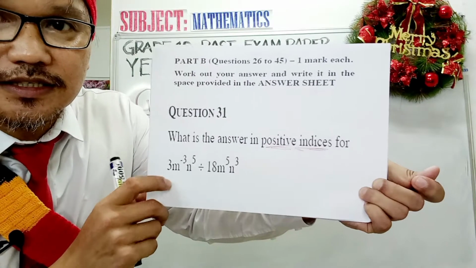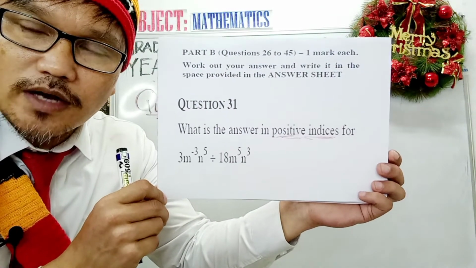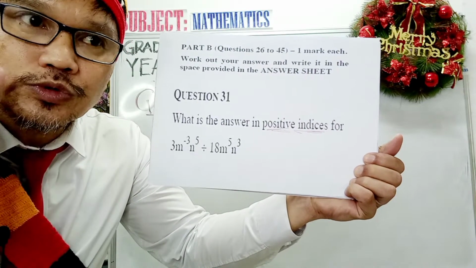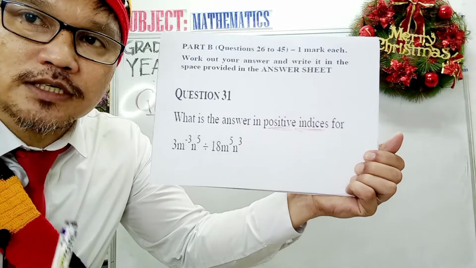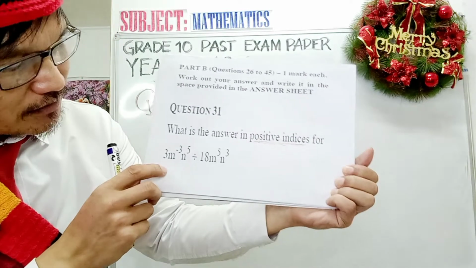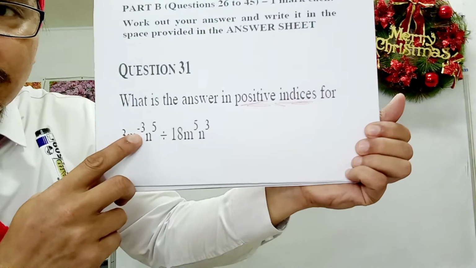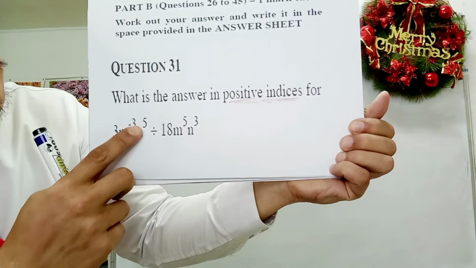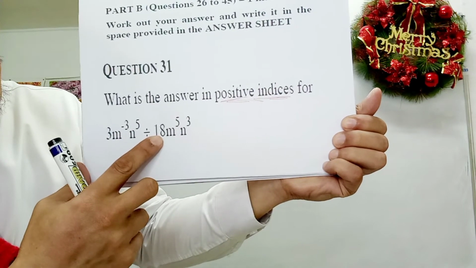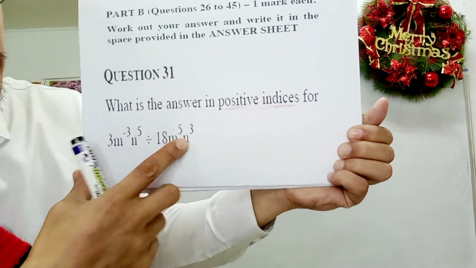This is a very common question, because you have to make sure that your answer is always expressed in positive indices. The given expression is 3m to the power of negative 3, n squared, n to the power of 5, divided by 18, m to the power of 5, and n to the power of 3.